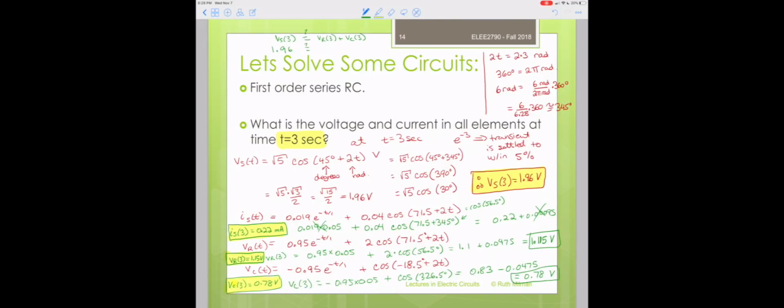On the right we have 1.15 plus 0.78. And if we take those two numbers and we add them up, we get 1.93, which is pretty close because we've got some rounding errors.